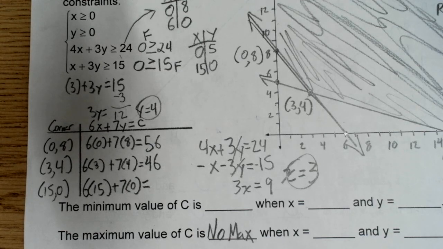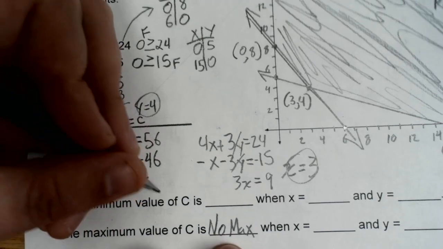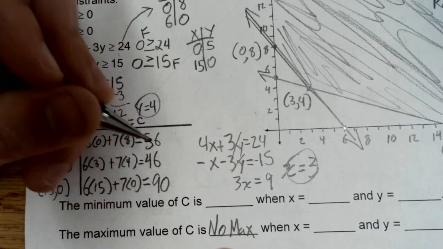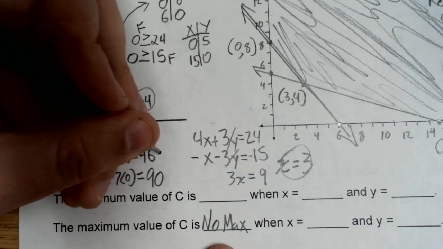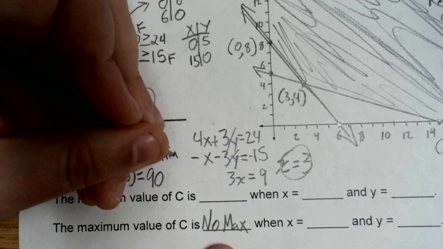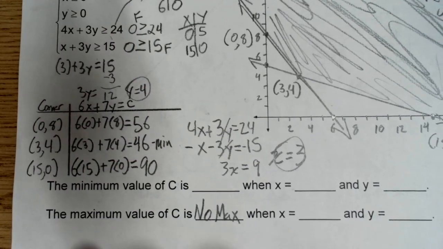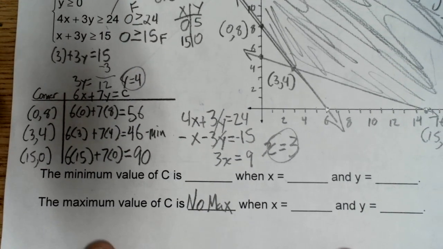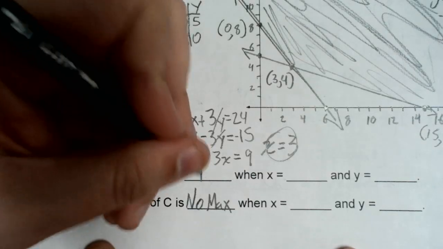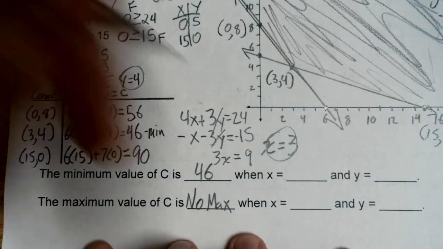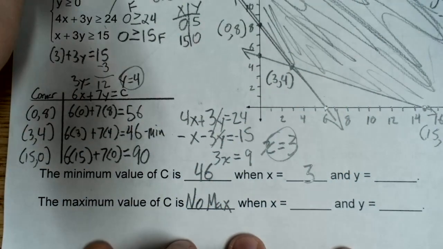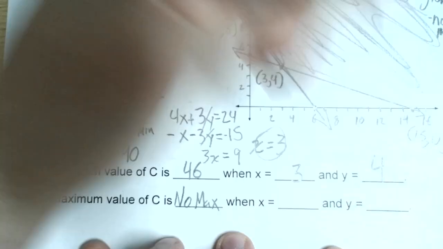But looking at that, I know it's going to be more than both of those, so even if I don't finish that out, I should know that my minimum would be this one here in the middle. So the minimum value of c would be 46 when x equals 3 and y equals 4.